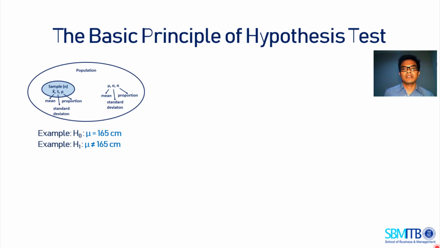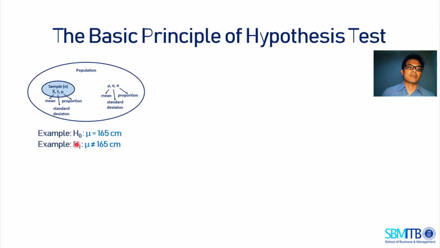Recall that previously we discussed an example concerning the Indonesian population, and we gave several examples of how to define the hypothesis statement. In this case, let's use the null hypothesis as this: the mean height value of Indonesian citizens equals 165 centimeters.